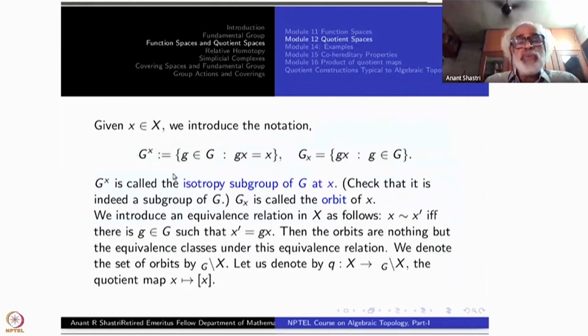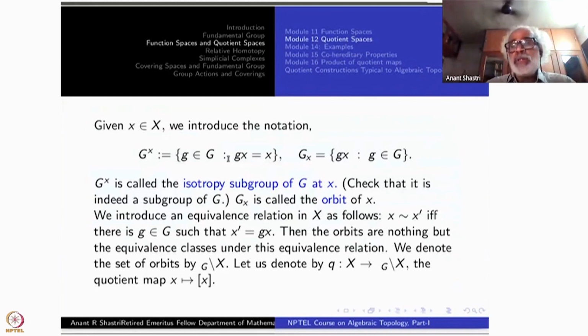Now there are a few inbuilt structures here. Take x belonging to X. We denote G upper x, which denotes what? All elements of the group G which keep the x fixed: gx is x.